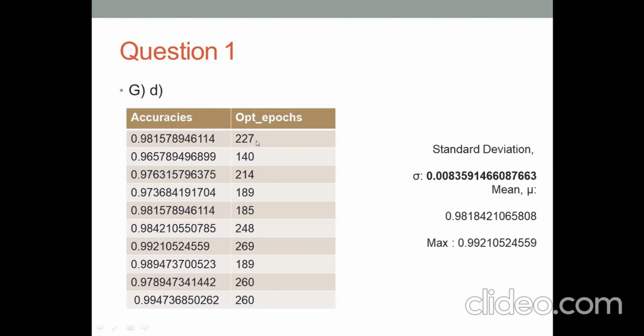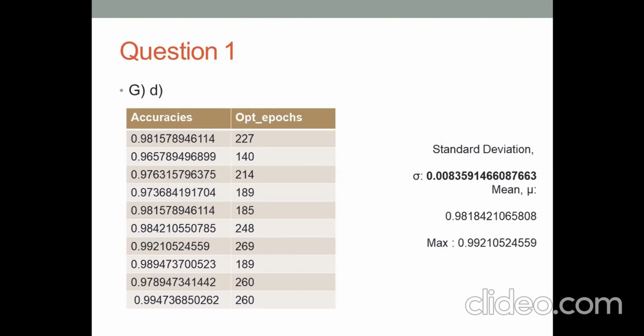Since I'm using 1000 epochs, these optimum epochs use a patience of 100, which means this stops if the val loss variable doesn't decrease in 100 times. So it's pretty interesting.